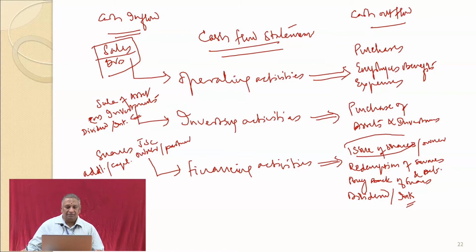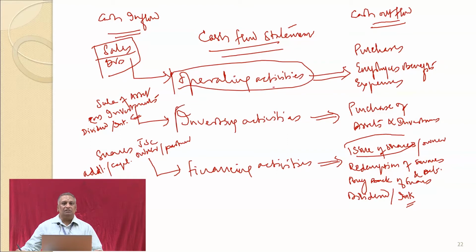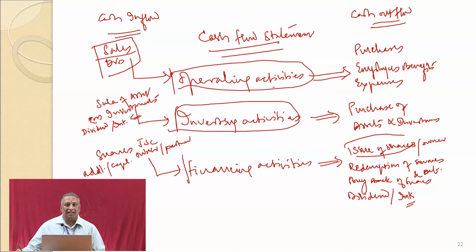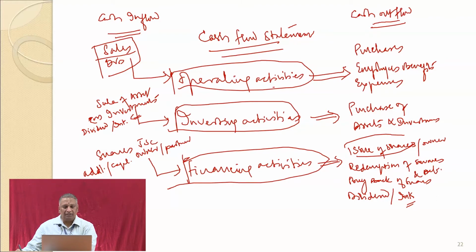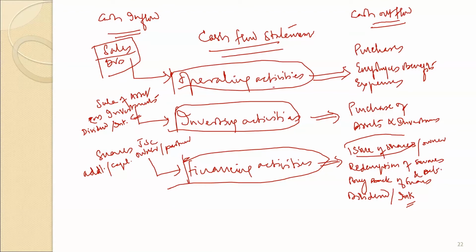And these are the purposes for which cash may go out of the business, cash outflow, in case of operating activities and investing activities, and in case of financing activities. So these are the three broad areas in which the cash inflows and the outflows are classified and grouped to prepare the cash flow statement.